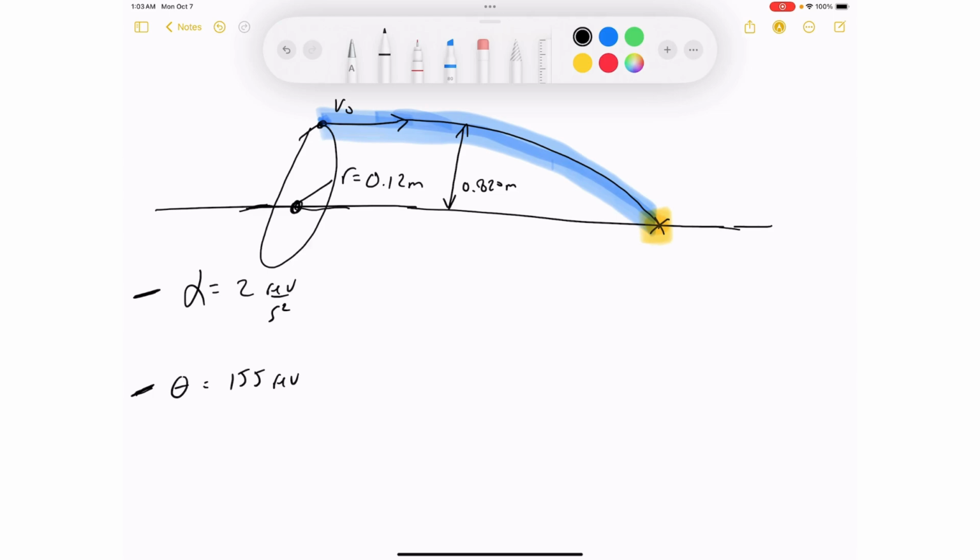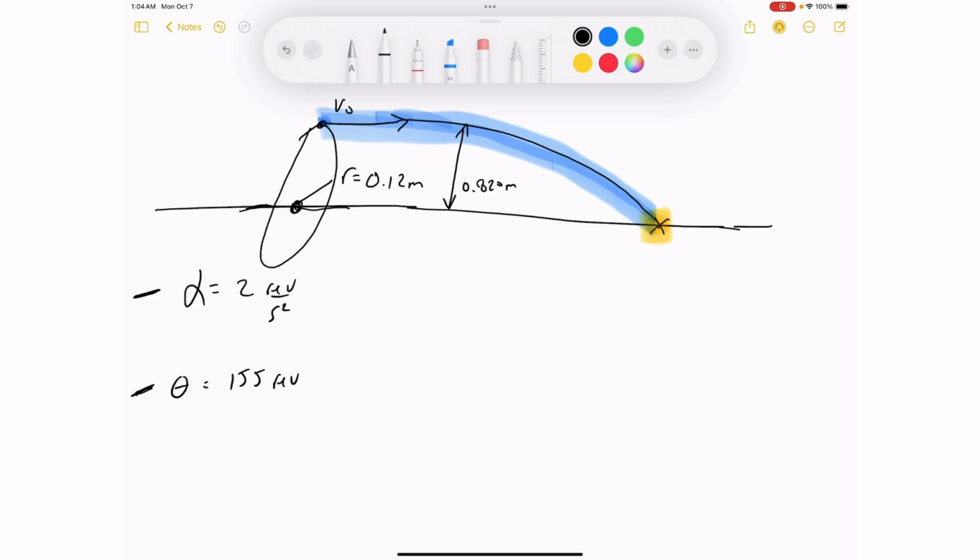Okay. So what I'd like to do is convert all this stuff into normal units. We have meters, which is good, but acceleration, which is alpha, obviously means angular acceleration. It's 2 revolutions per second squared, so I want to convert that into radians per second squared.